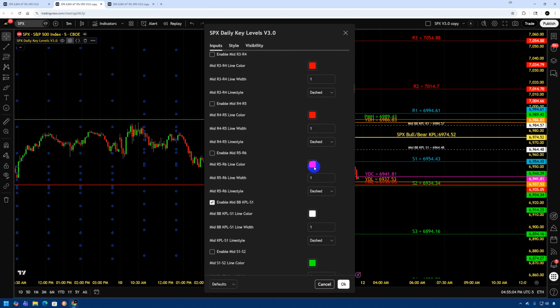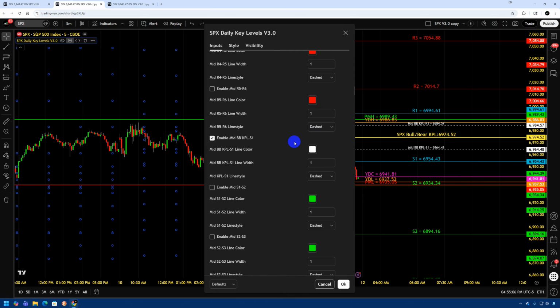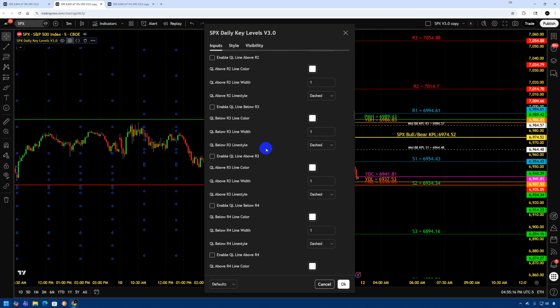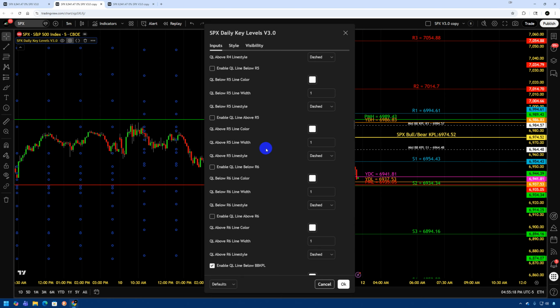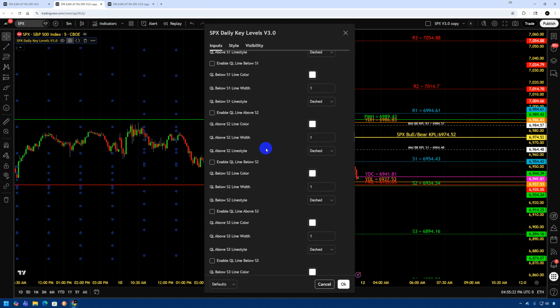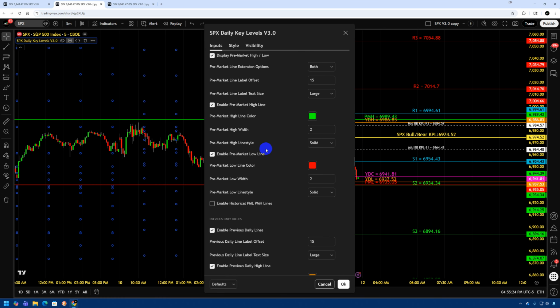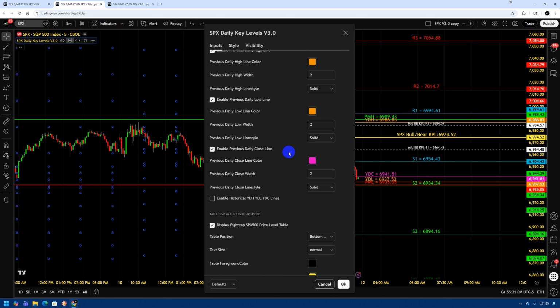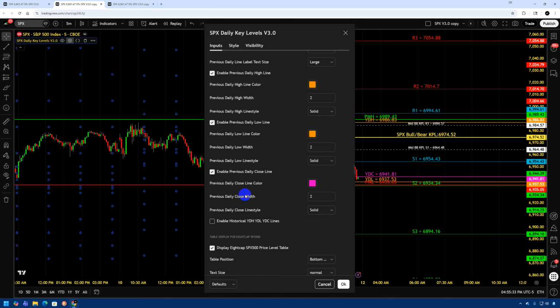Okay, so let's, as an example too, make the PMH and PML lines different. So we'll go down here and we'll start off with just the PMH and PML. Now you can leave all the lines on if you want. I'm just showing you some different variations here of what you can do for historical.